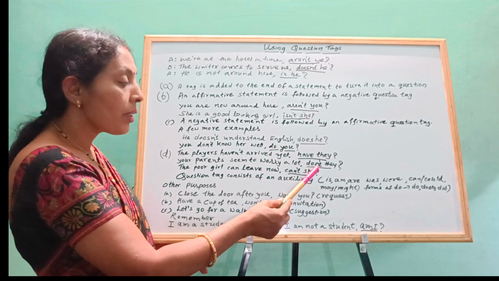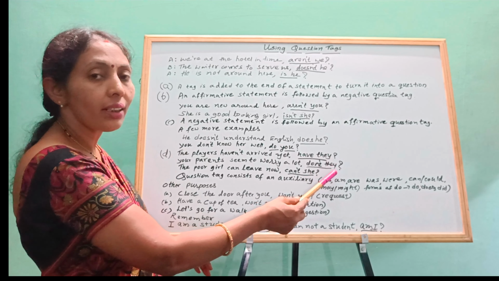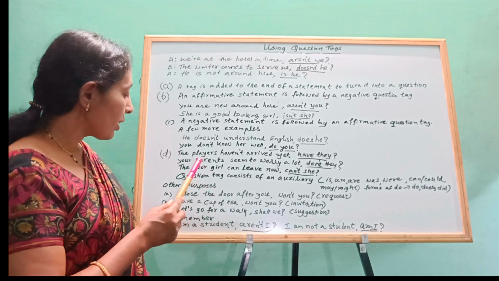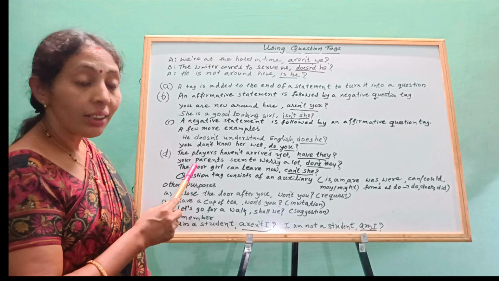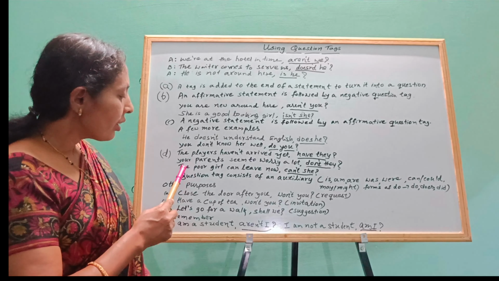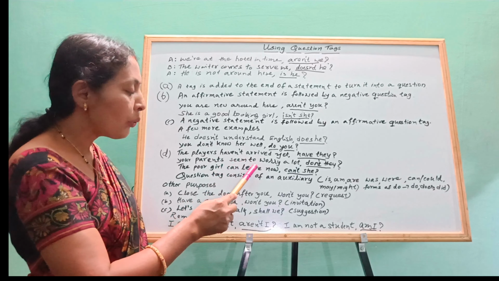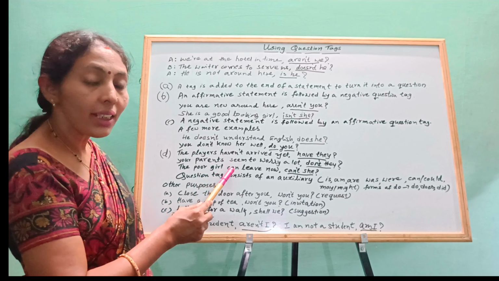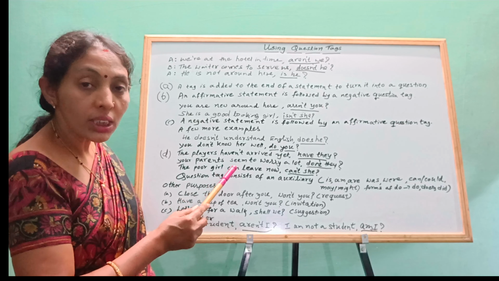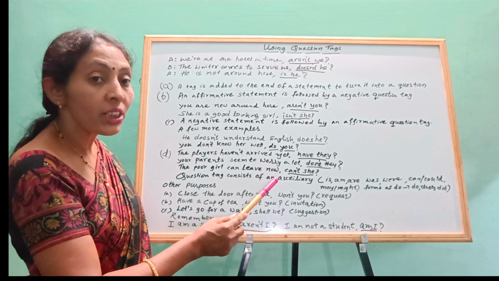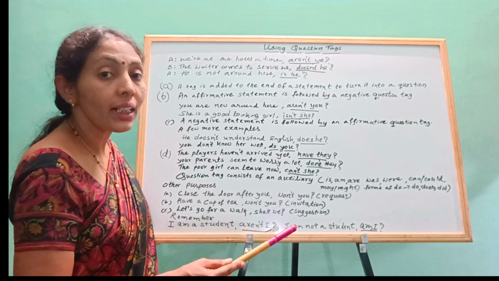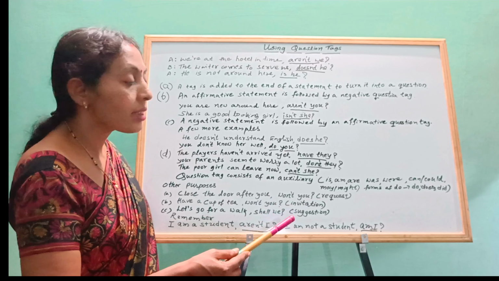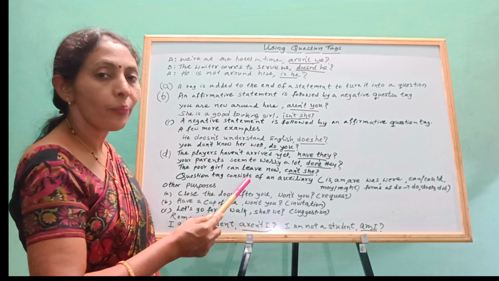So the tag becomes don't they. Yes, we check the third sentence. The poor girl can leave now. Here, can is an auxiliary verb. So we must take can to make a question tag. It becomes can't she.